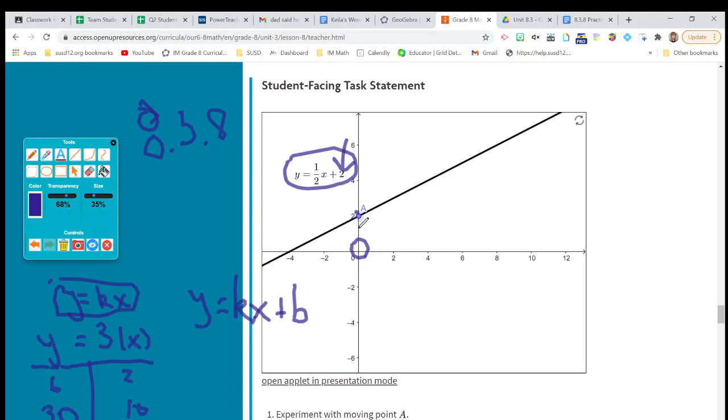Let's say you started out with b equals $30 in your bank account and you get a new job, you make $5 an hour, maybe walking your neighbor's dog, I'm not sure. $5 an hour is your k, 5 times x hours worked, plus you already have $30 in your bank account, and y equals your total savings.